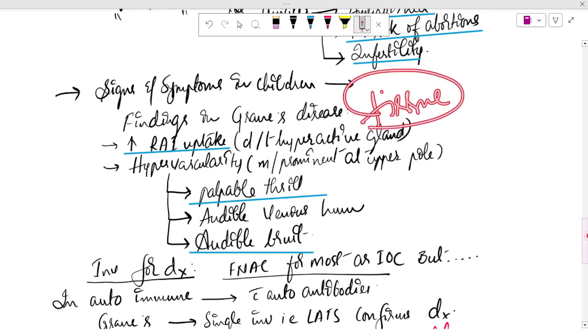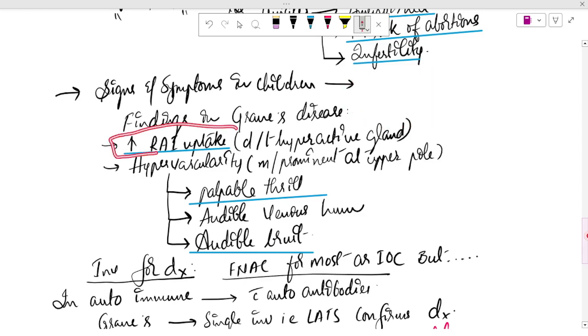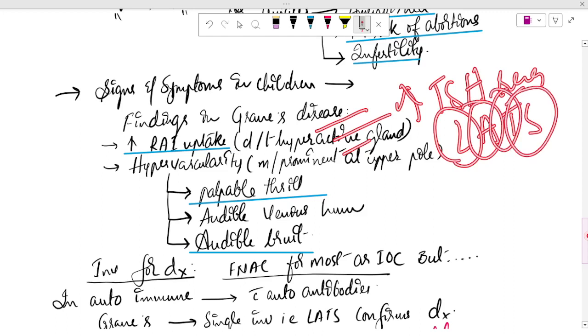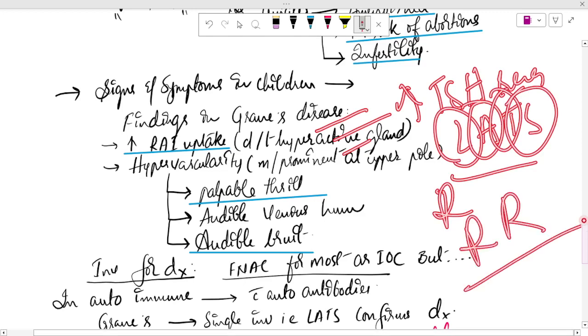Now if the whole tissue is affected, obviously there will be an increased radioactive iodine uptake. Why? Because of the hyperactive gland. Why hyperactive? There is an increased stimulation of the TSH receptor. By whom? LATS. What is LATS? Long acting thyroid stimulator. You revise, you recall, you remember.